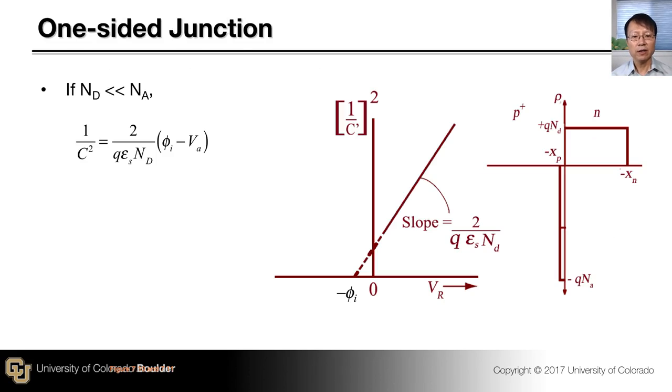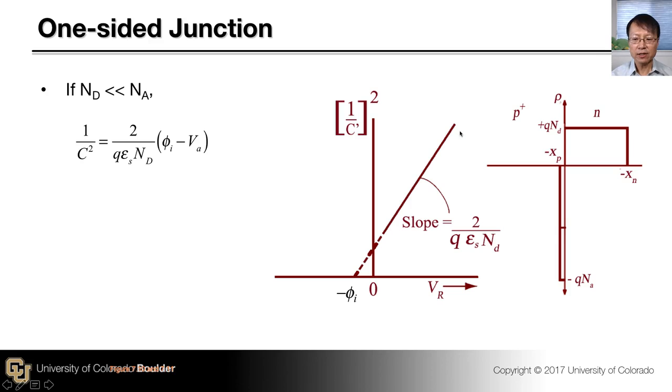If you make a one-sided junction, that is, if the doping density on one side is much greater than the other side, for example, if your acceptor density is much greater than the donor density, then the depletion region width on the P side, the heavily doped side, is negligible. The entire depletion builds on the lightly doped side, the N side, and your capacitance depends solely on the doping density of the lightly doped side.